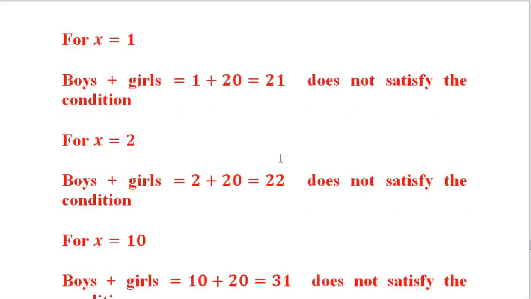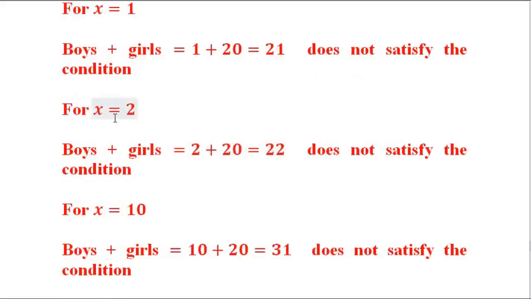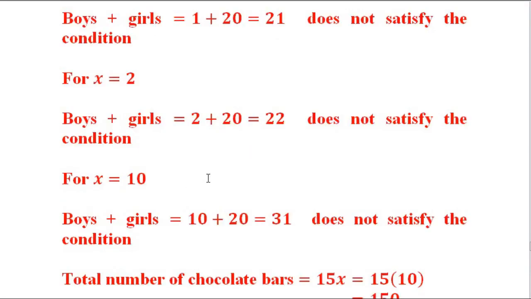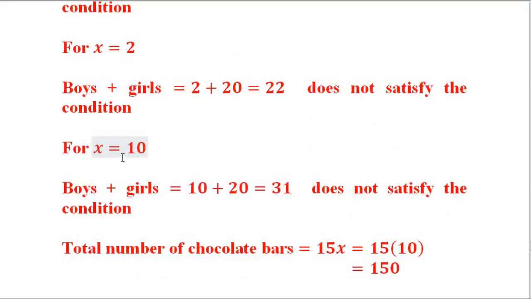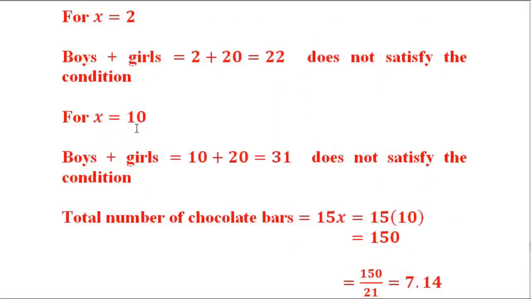For x equal to 2, the total number of students becomes 22, which does not satisfy the condition of 30 to 40 students. For x equal to 10, although the condition is satisfied and the total number of students becomes 31, which lies between 30 and 40, the problem arises again.